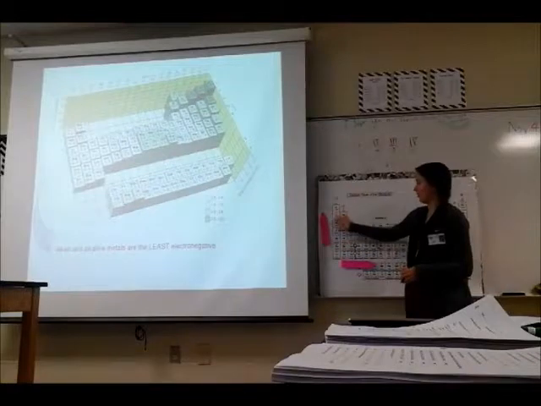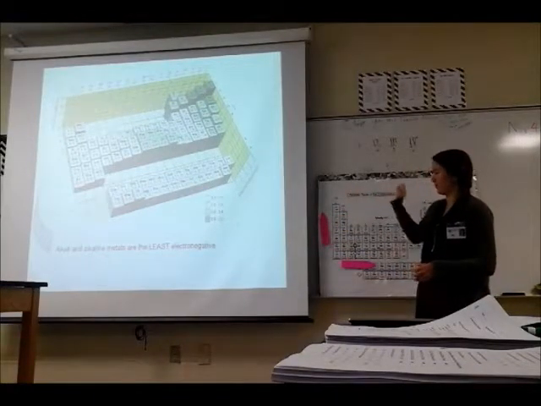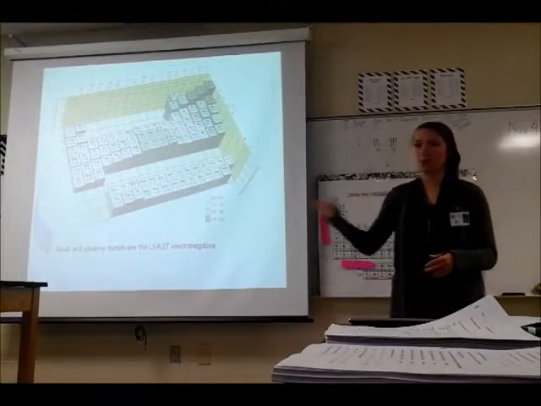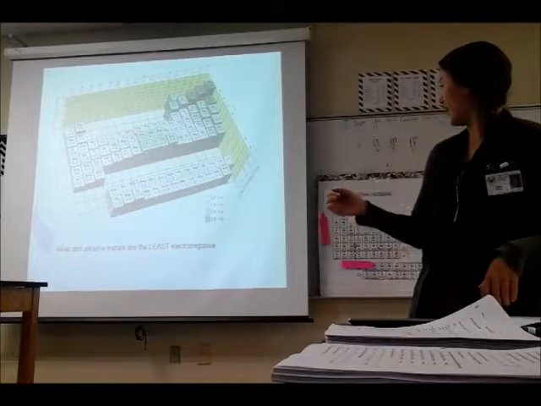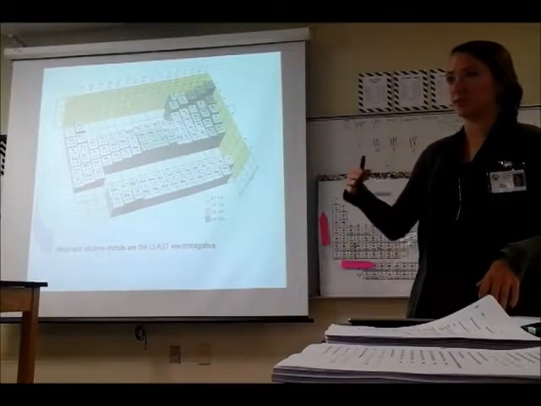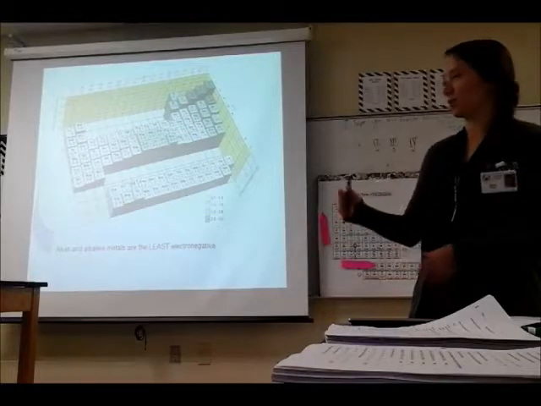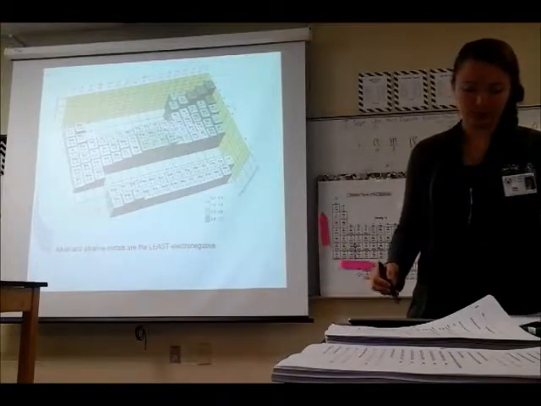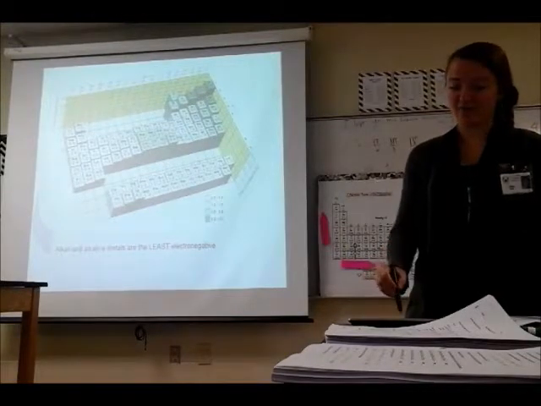They're trying to get rid of their electrons. They don't want to get any more. Because they have to get 7 or 6 more rather than just losing 1 or 2. It's going to be easier for them to lose 1 or 2. They don't want to attract anymore. They just want to get rid of what they already have.